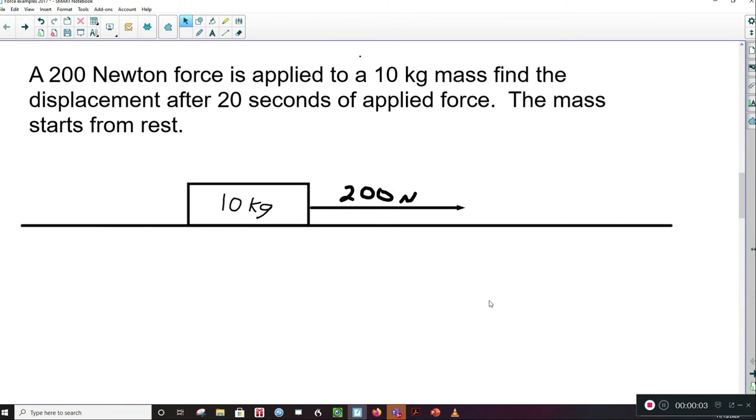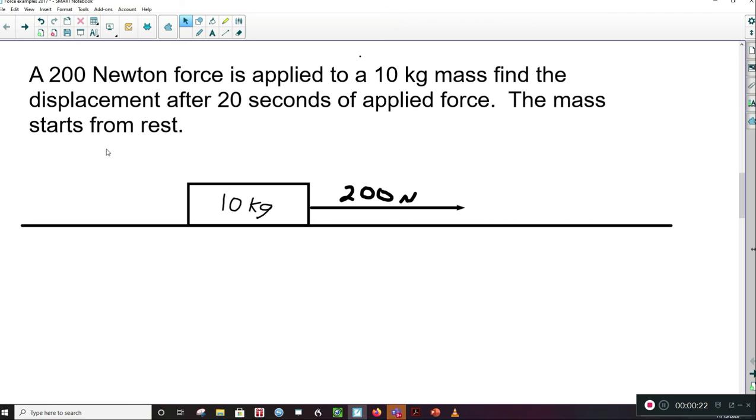All right, ladies and gentlemen, this is our next example, and what we're going to do now is I'm going to show you the new stuff with Newton's second law, and then I'm going to apply it to kinematics, which we've learned in the last chapter, so you can see how they tie together.